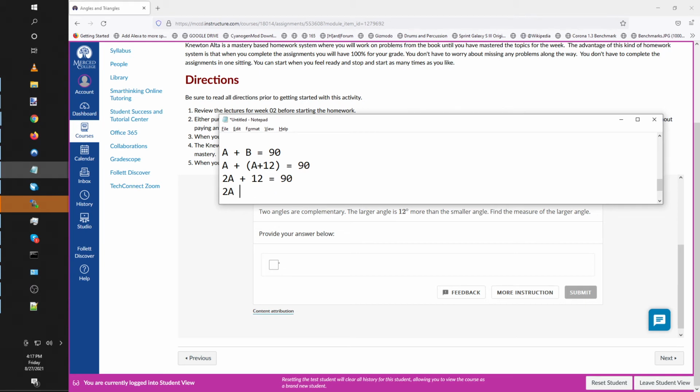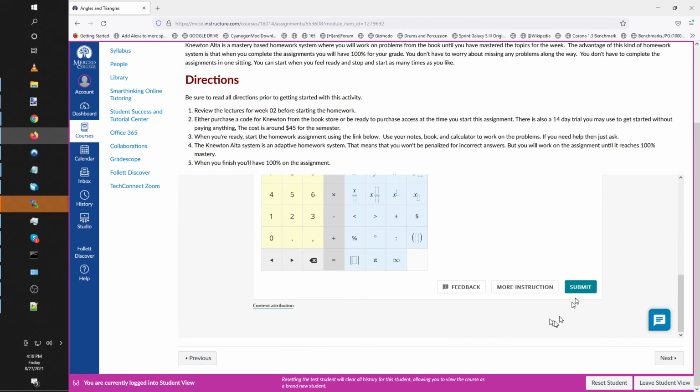So 2a is going to be 90 minus 12, which is 78. So A is going to be 39, and B, which is 12 more, is going to be 39 plus 12, which is 51, I guess.